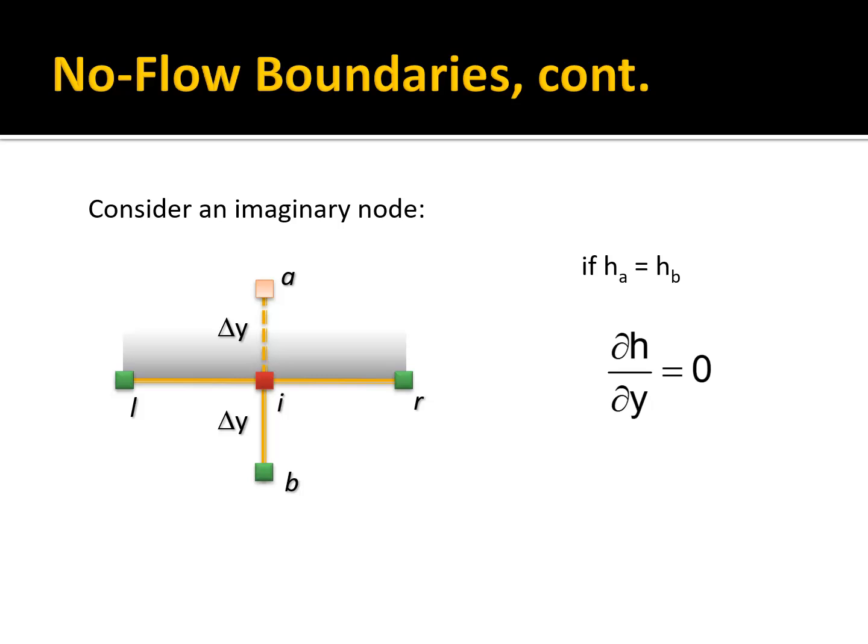Therefore, what we do is we create an imaginary node A up an equal distance above, delta y above. And then if we assume that the head at A is equal to the head at B, then the hydraulic gradient in the y direction is 0. There's no change. The delta H is 0.